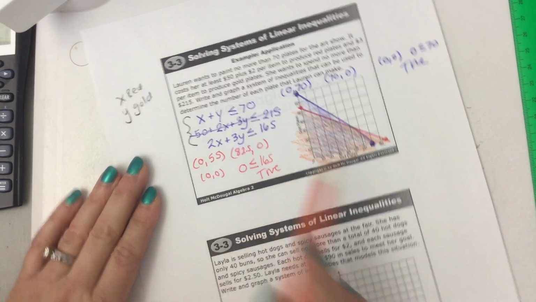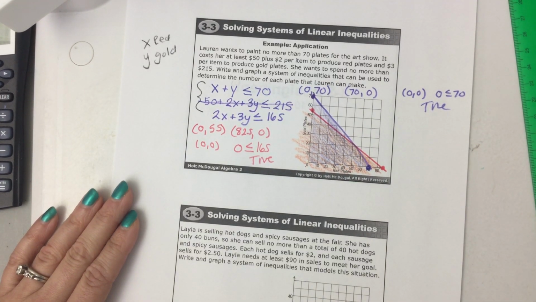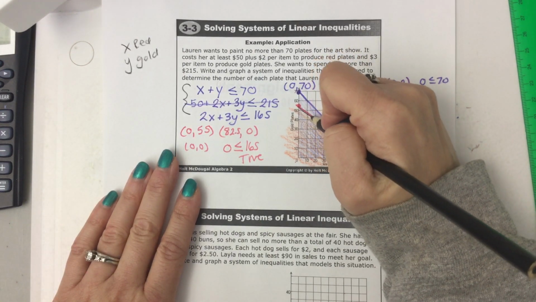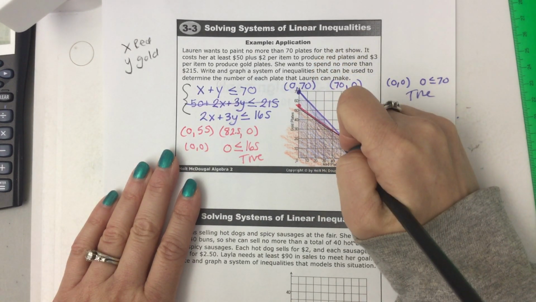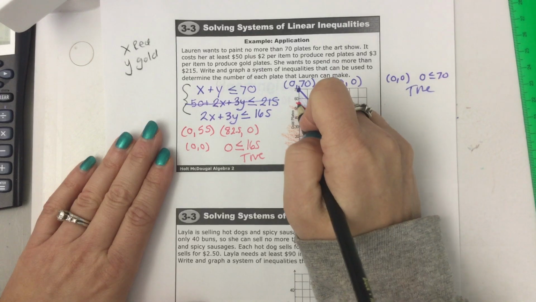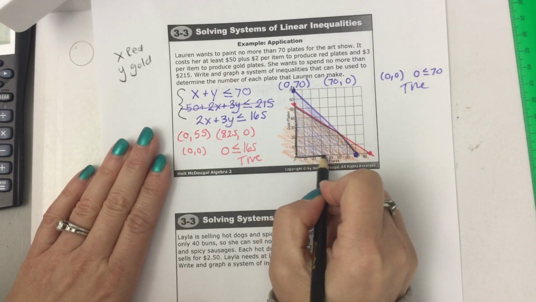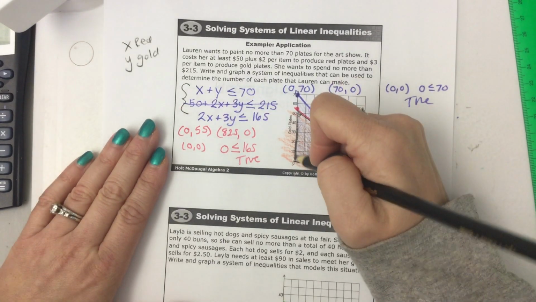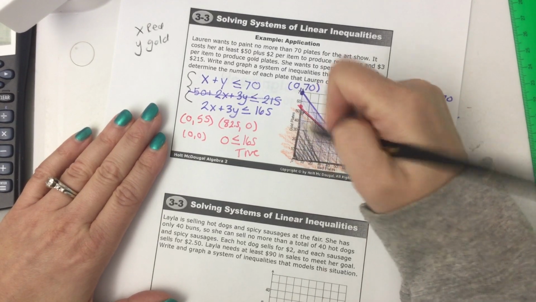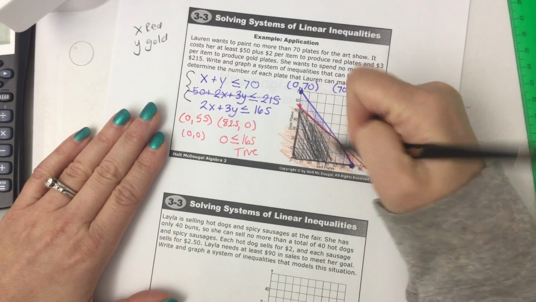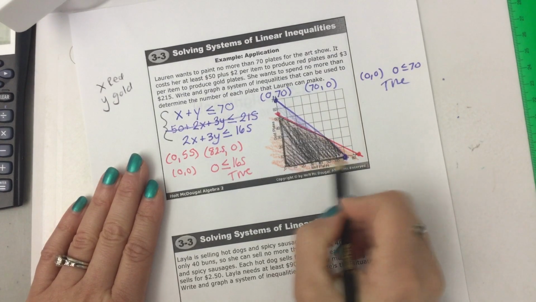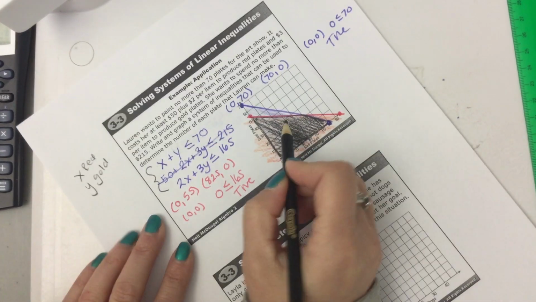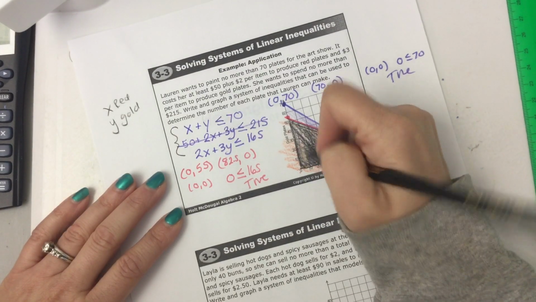So the solution for Lauren, what she would want to do to make sure that she stays at 70 plates or less and $215 or less, she would want to stay with any of these options within this region right here. Okay, so let's go ahead and shade it because this is your solution. Now, if you were Lauren, you could use this region to figure out how many plates you're actually going to make.